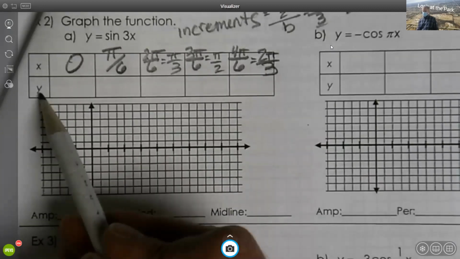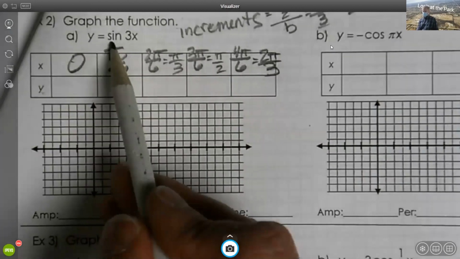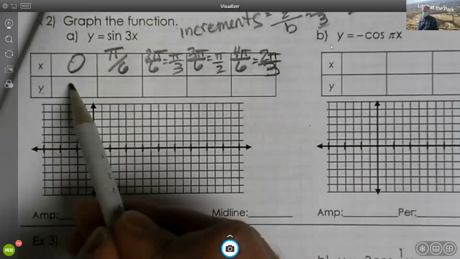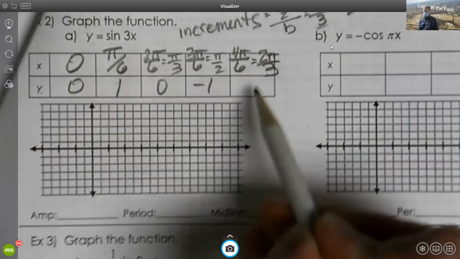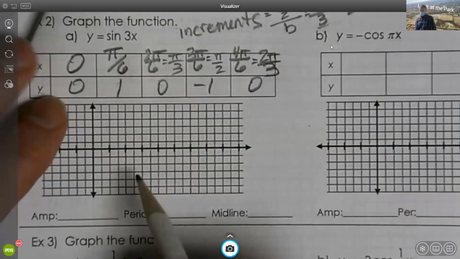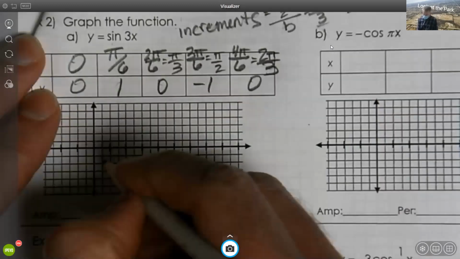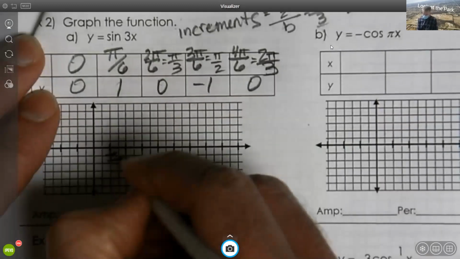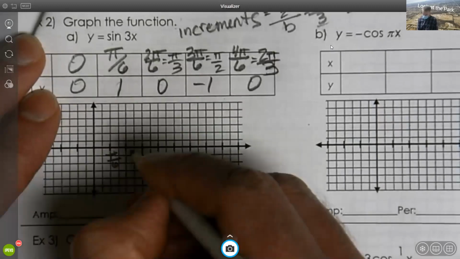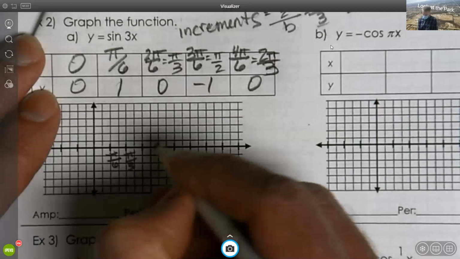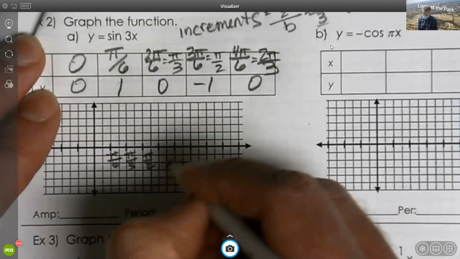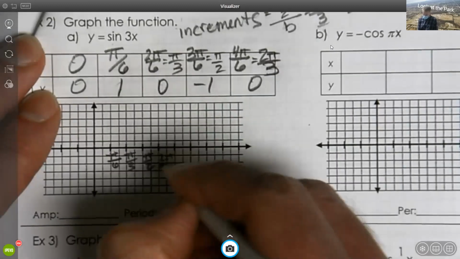Our y values. This is a sine graph. So our y values are 0, 1, 0, -1, and 0. So if you want to get your increments put in here ahead of time, pi over 6, pi over 3, pi over 2, and 2 pi over 3.